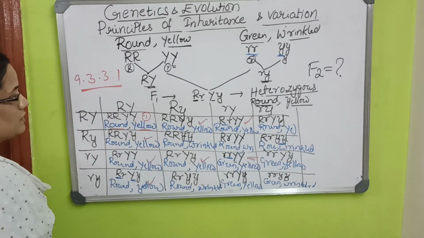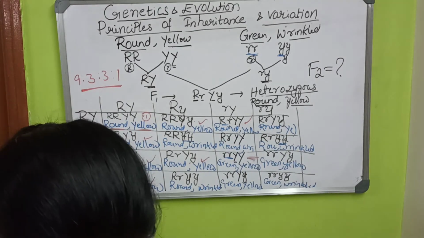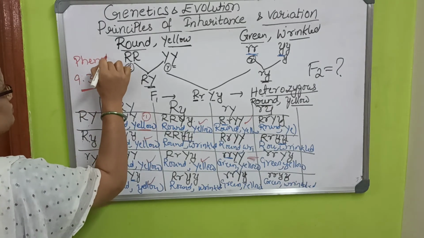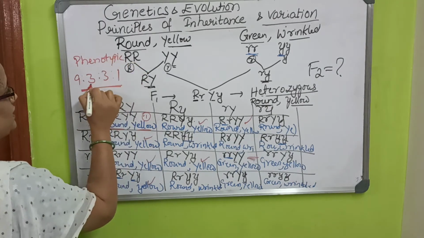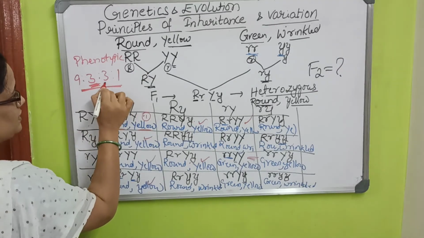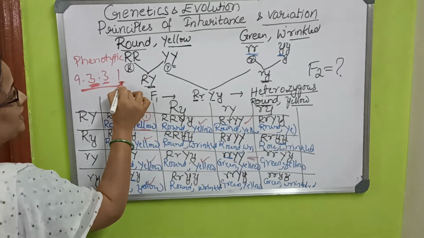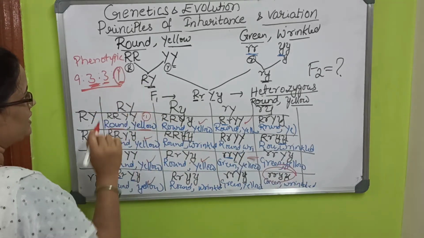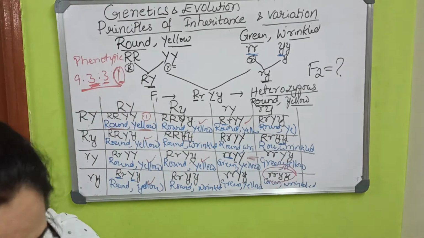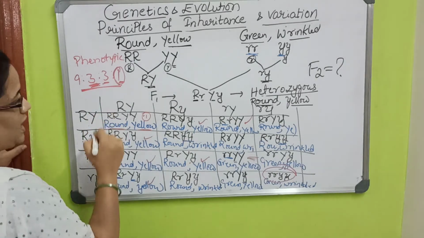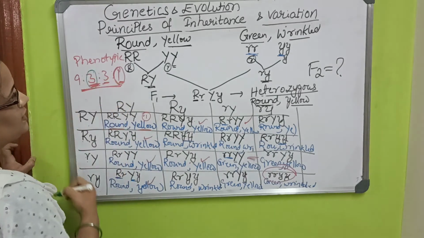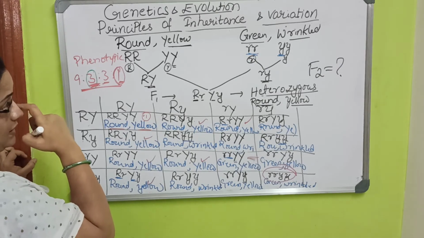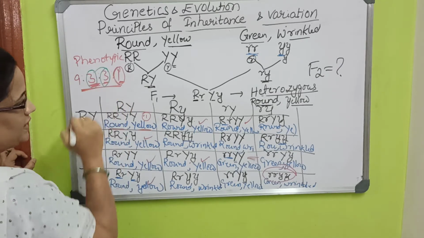The phenotypic ratio is this one. Here is the mixed 3, and this is completely green and wrinkled. The last one, that is green and wrinkled here. The center ones, which are 3, are round and wrinkled, and green and yellow.